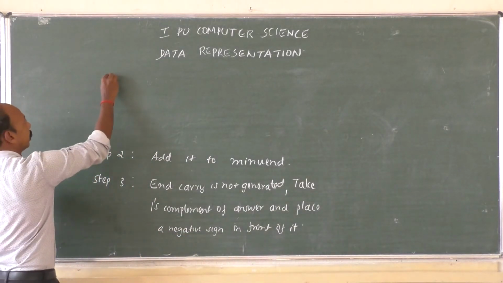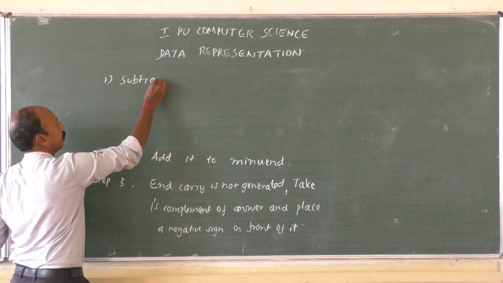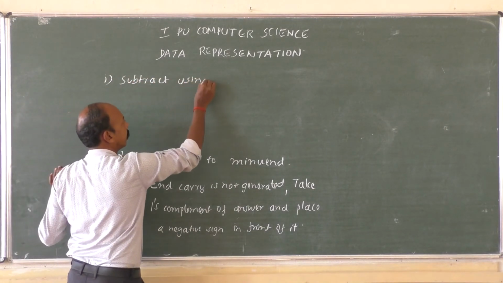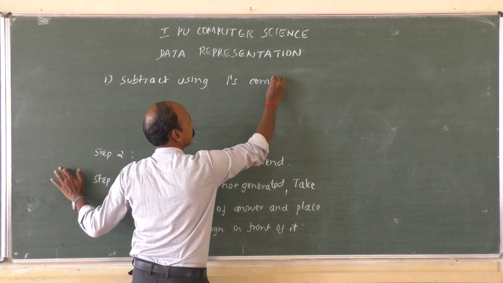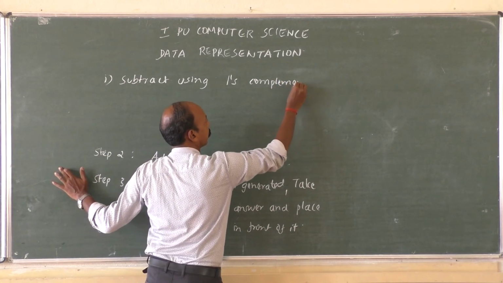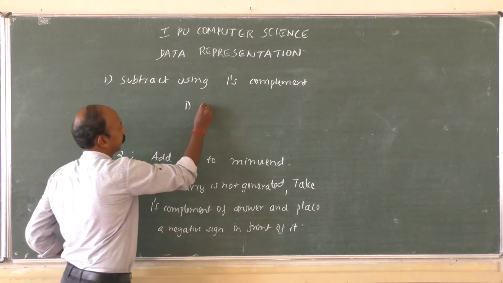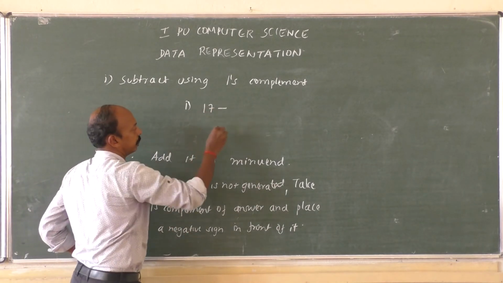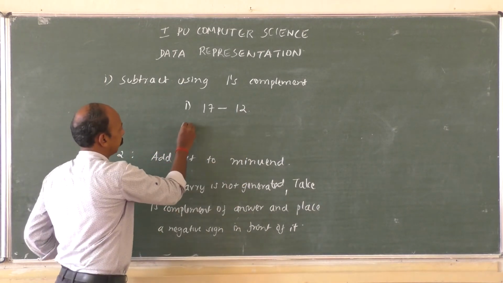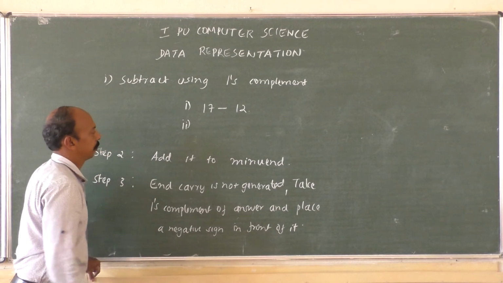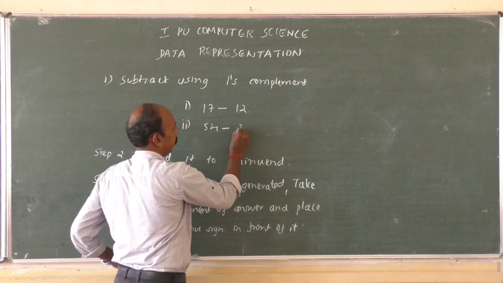First one, subtract using ones complement: (17 minus 12). (54 minus 29).